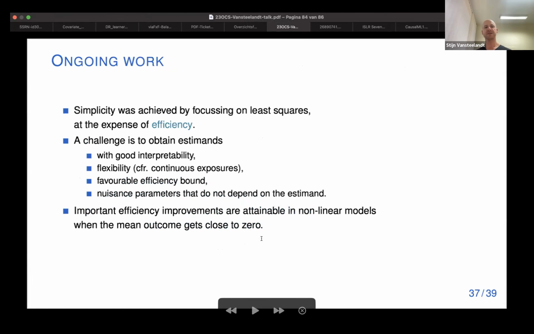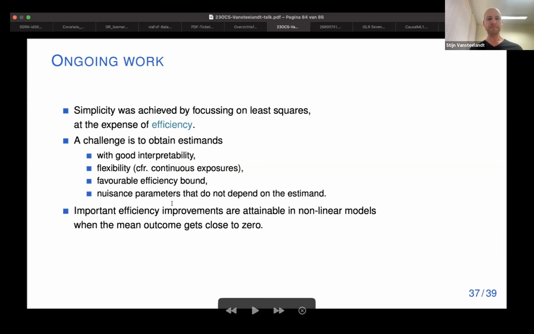Maybe a final point. We're trying to achieve simplicity in the proposal by focusing on least squares projection, and that comes at the expense of some efficiency loss. So what has been a bit of a challenge in this work is to come up with estimands that retain good interpretability, that have the flexibility in handling continuous exposures, that have a reasonably favorable efficiency bound, and also that lead to efficient inference functions whose nuisance parameters do not depend on the unknown parameter of interest.